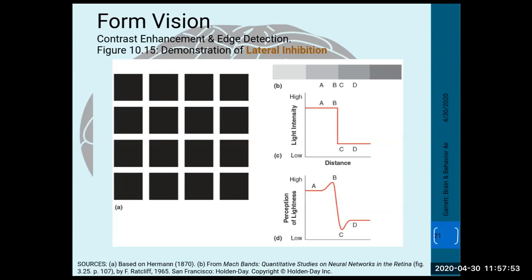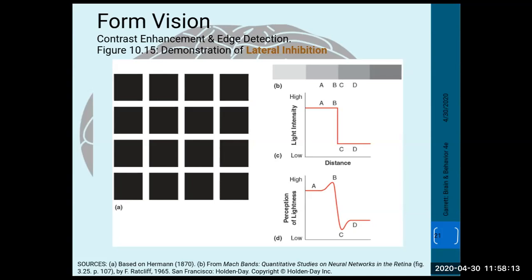Hence, even though A and B are the same shade, B looks a little bit lighter because it's compared next to the darker shade of C. And C looks a little bit darker than D because it is right next to and compared to the line of B. So this is something that's called the Mach band illusion.